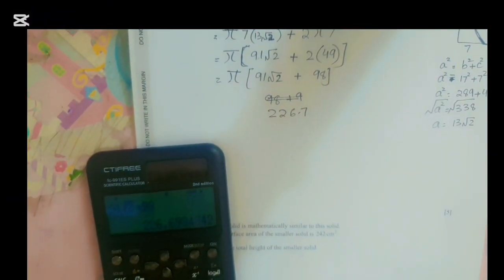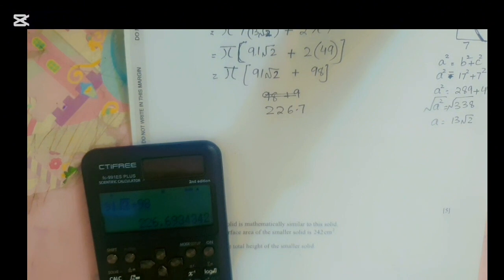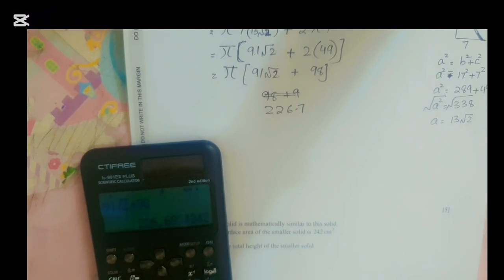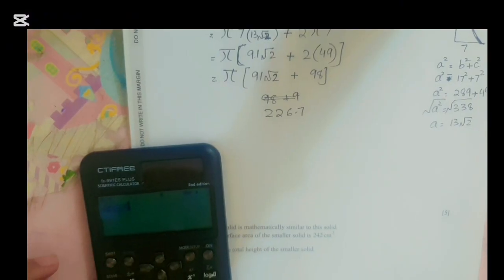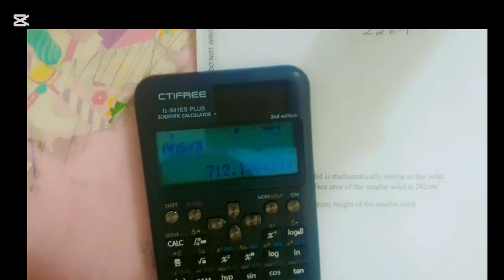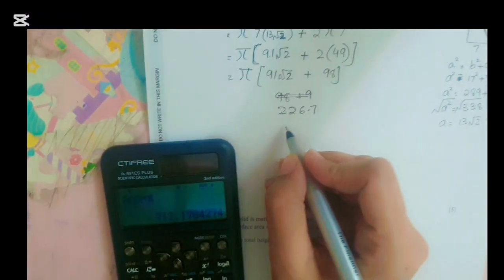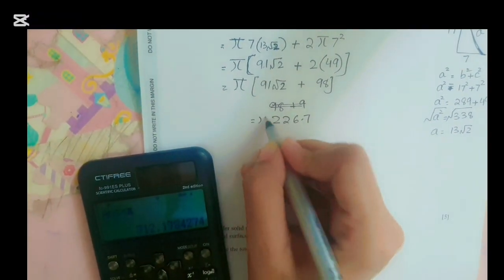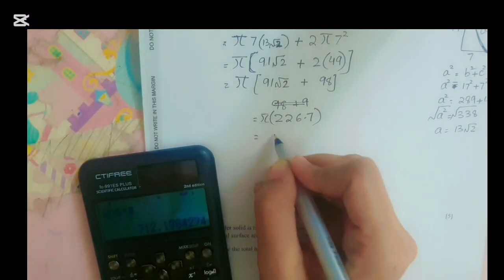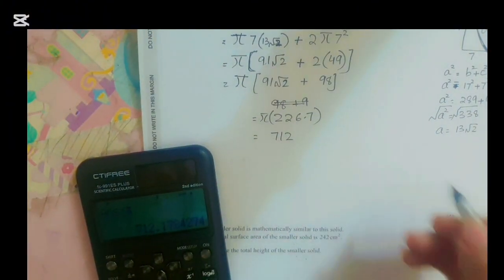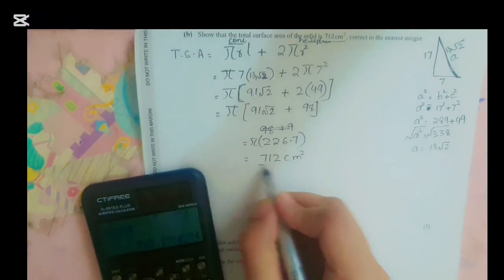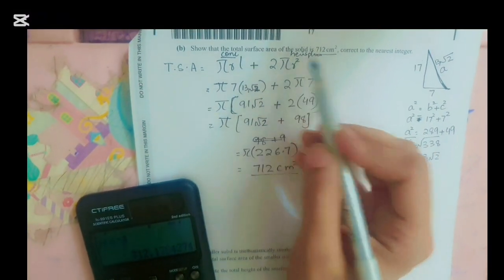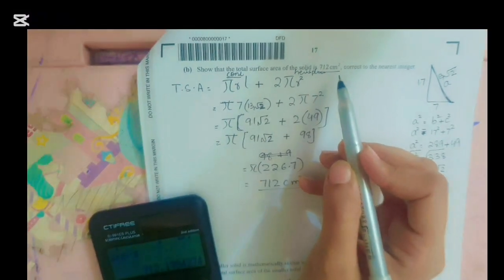We can multiply directly by pi, so we can get the answer 712 centimeter square, and we have shown this. The total surface area of the solid is 712 centimeters square.